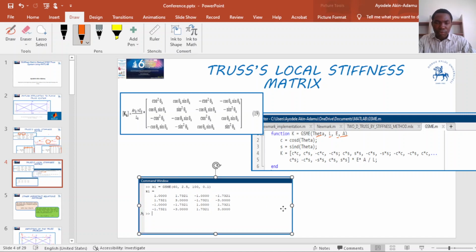For example, the name of the function is called GSME.